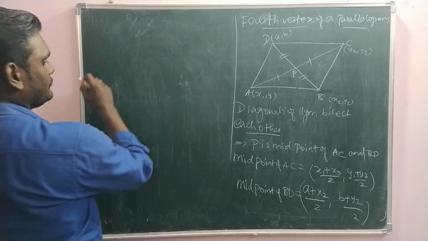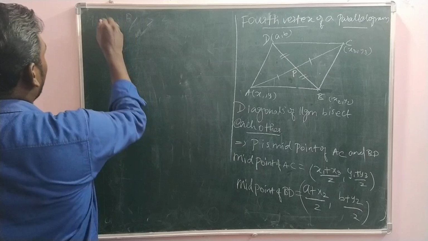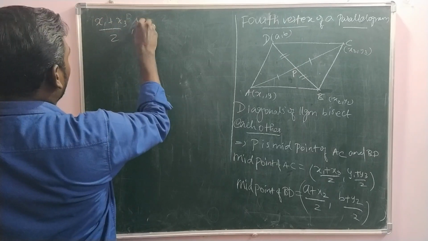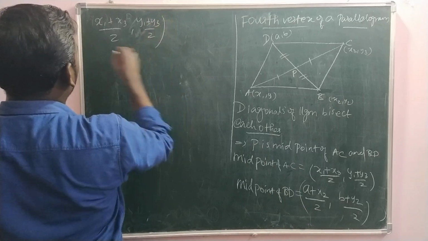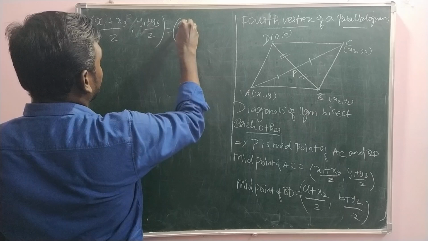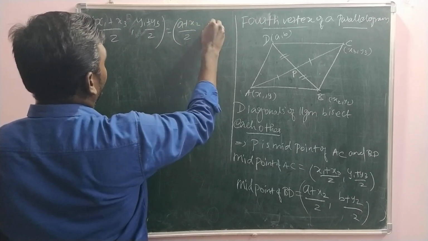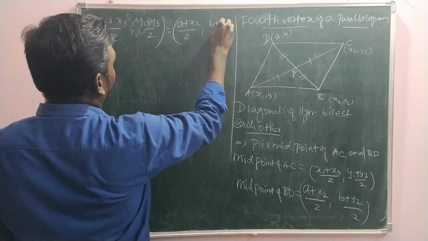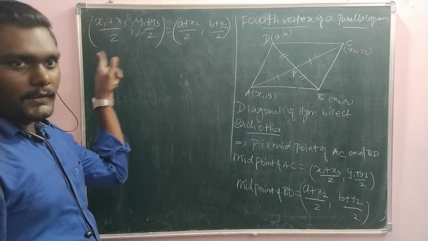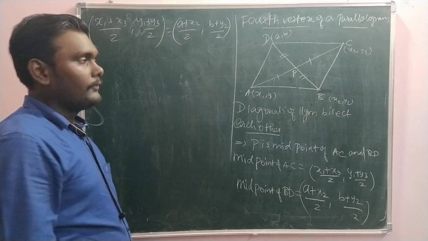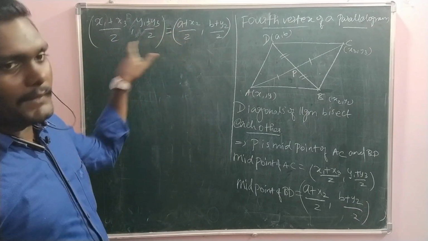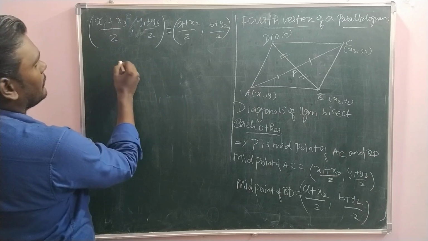So that means this (x1 plus x3) by 2 and (y1 plus y3) by 2 is equal to (a plus x2) by 2 and (b plus y2) by 2. When two points are equal, we say x coordinate is equal to x coordinate, right? So that is what will happen.